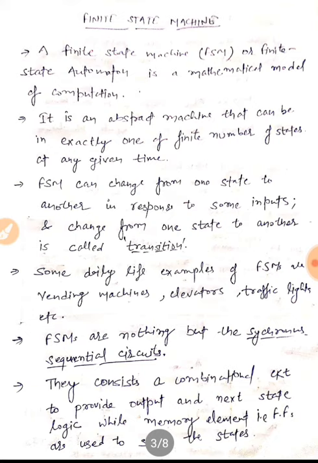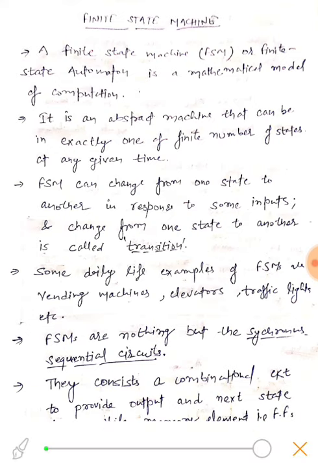So FSM can change from one state to another in response to inputs. State change would depend on the input we are giving to the system, and this transition from one state to another, we will see how we design our systems using the transitions, which is nothing but the change of state.